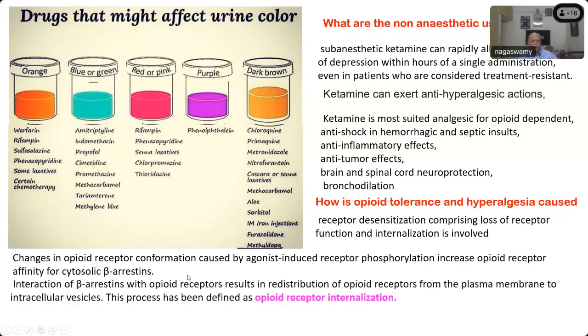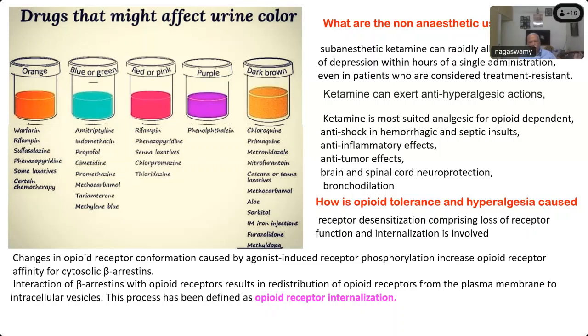Interaction of beta-arrestins with opioid receptor results in redistribution of opioid receptors from the plasma membrane to intracellular vesicles. This process is called opioid receptor internalization. So the two mechanisms by which opioid tolerance and hyperalgesia are produced are, first, desensitization.